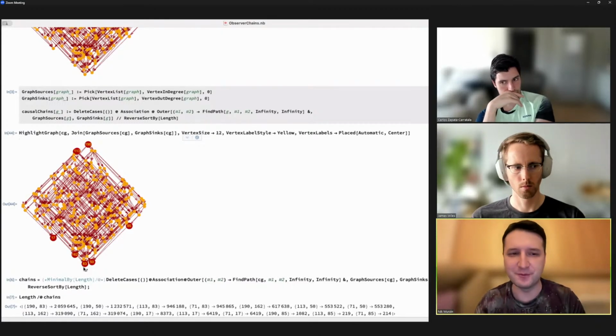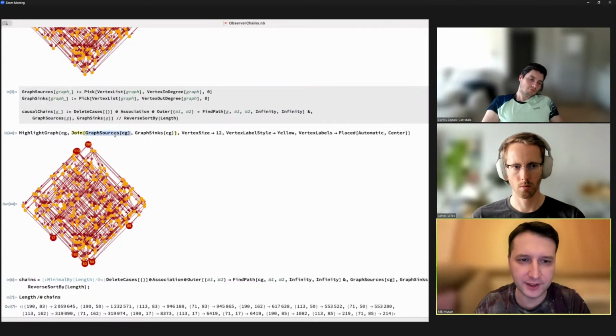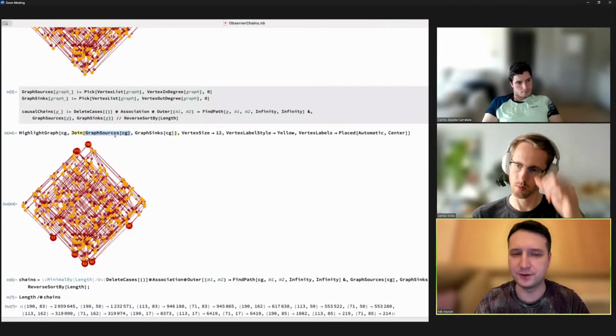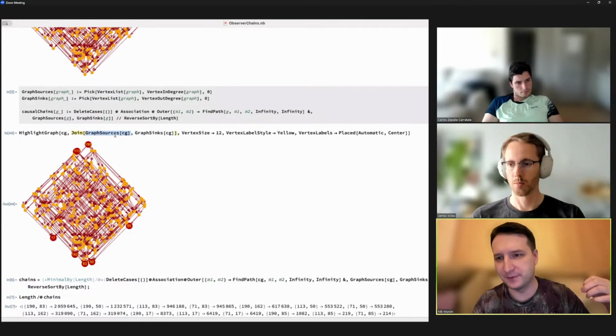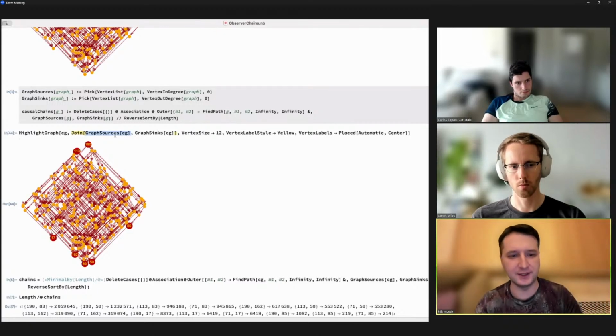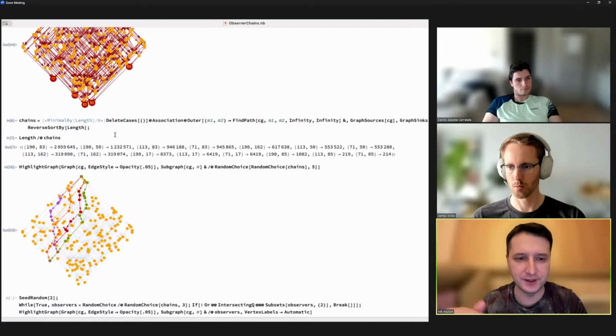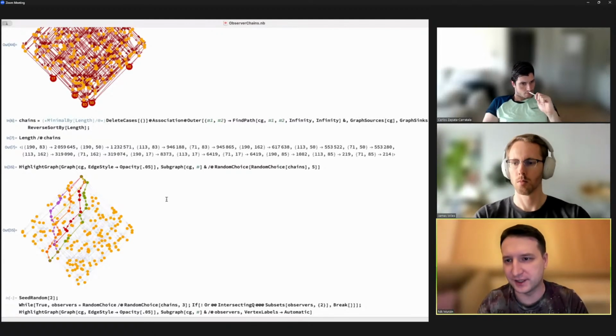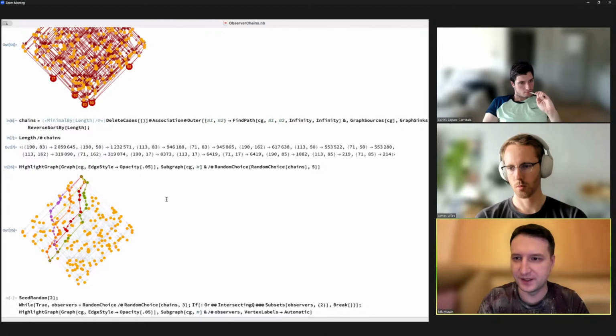For this arbitrary graph, you can extract the sources and the sinks of the graph, right? Then you can draw the path between them to indicate what would be the chain or the observer in this case. So essentially, by drawing these chains between those sources and sinks, you can define those as elementary observers.